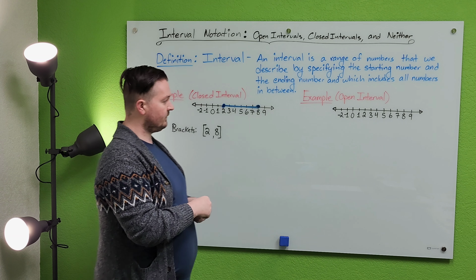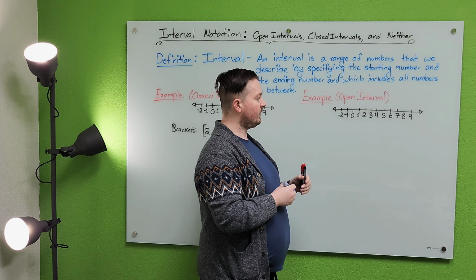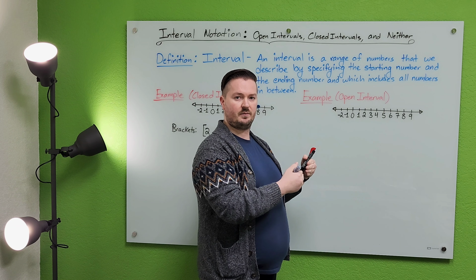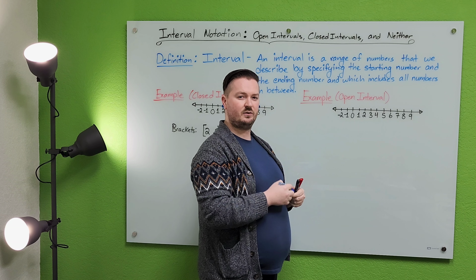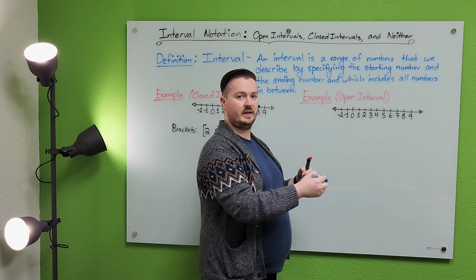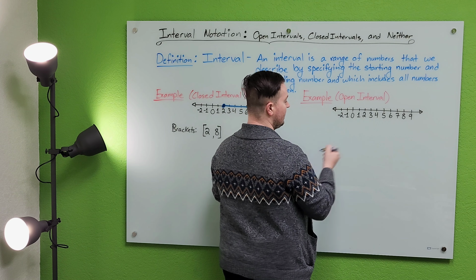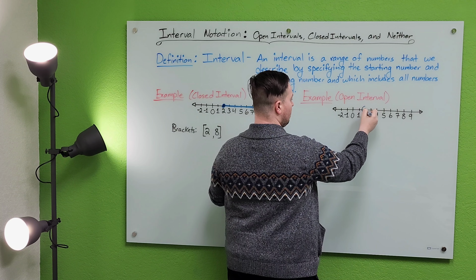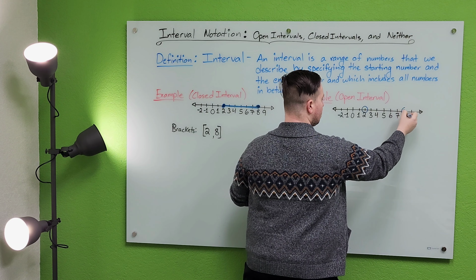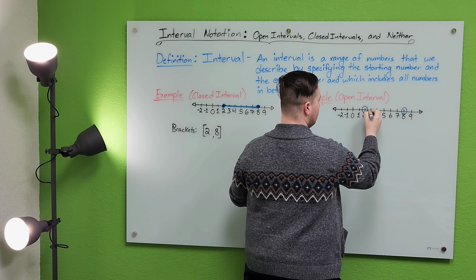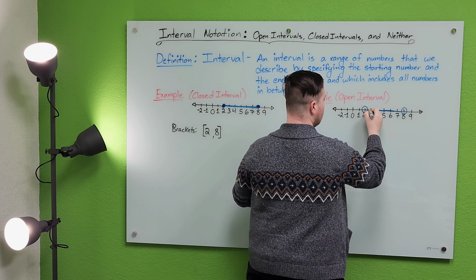An open interval is similar to a closed interval, where we specify the starting number and the ending number, and then every number in between, but we do not include the starting number or the ending number in the group. How we show this on a number line is we would put an open circle on the number 2, an open circle on the number 8, and then we would draw a line connecting everything in between.